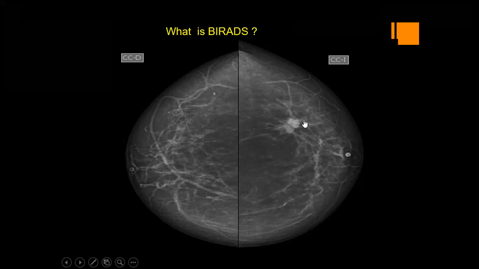I would like to add more descriptors, which might upgrade it: hyperdensity, irregular shape, associated calcification, associated distortion, associated edema. All other associated features will upgrade the lesions.